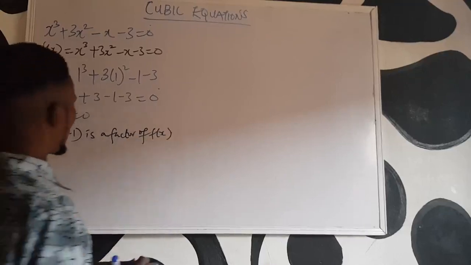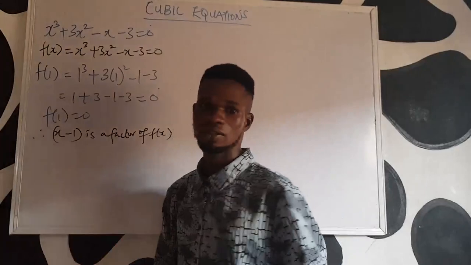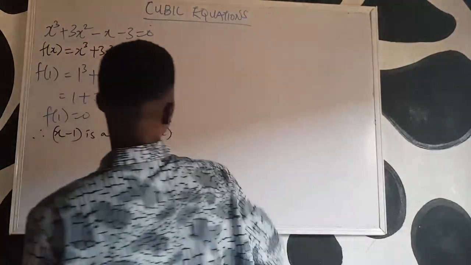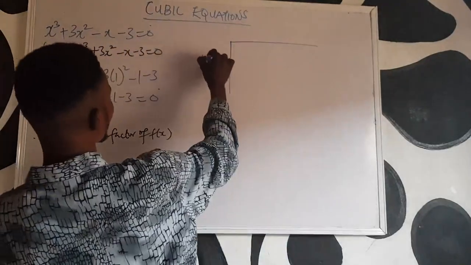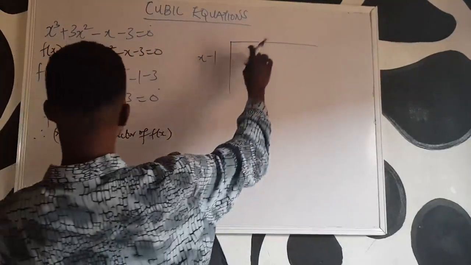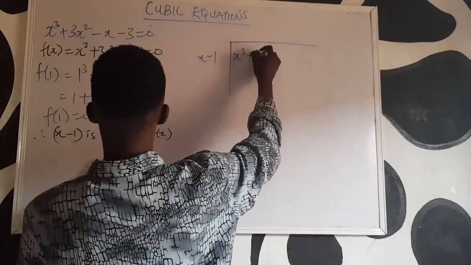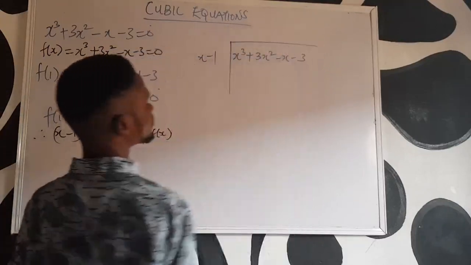So if x minus 1 is a factor of f of x, we need to get the other two roots. So let's divide using our long division. x minus 1, let's get the quotient: x cubed plus 3x squared minus x minus 3.